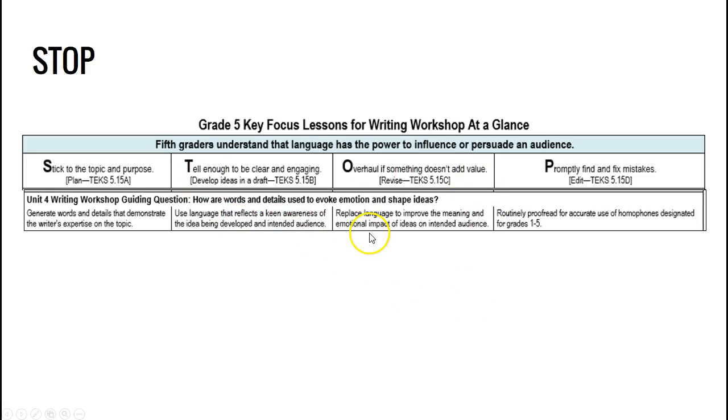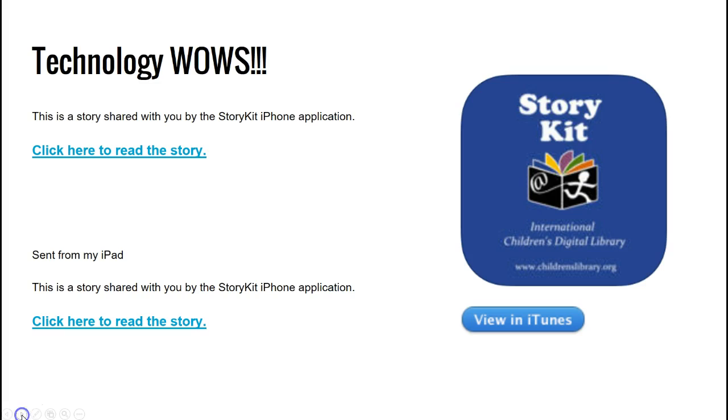Make sure that they replace language to improve the meaning and emotional impact of ideas on the audience. And then routinely proofread the accurate use of homophones designated for grades 1 through 5. And also, you're teaching about quotation marks and some of the different ways that you abbreviate. Make sure that they are doing those in their writing during that time.